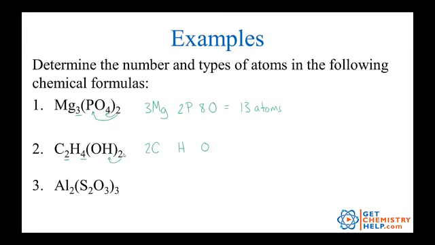So 2 times 1 would give me 2 more, so a total of 6 hydrogens. How about oxygen? There's 1 inside the parentheses times 2, so 2 total oxygens. So this would have 10 total atoms in C2H4 OH taken twice.